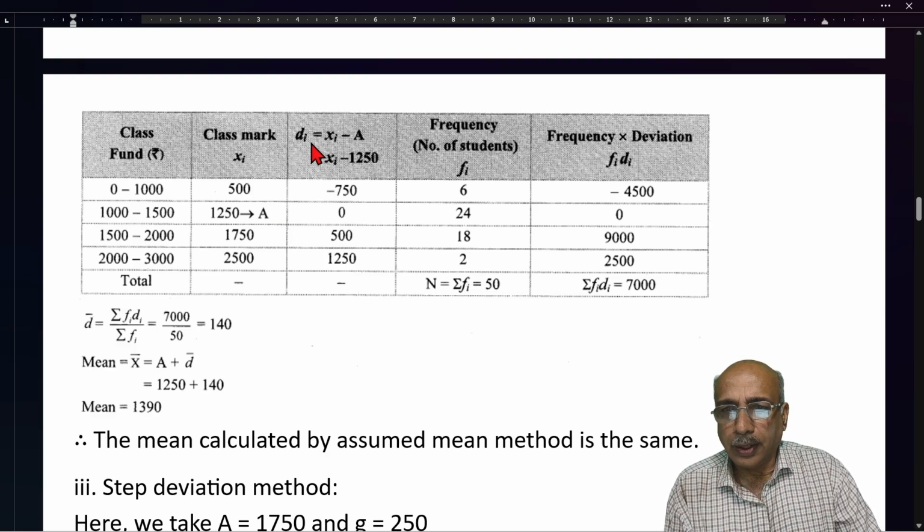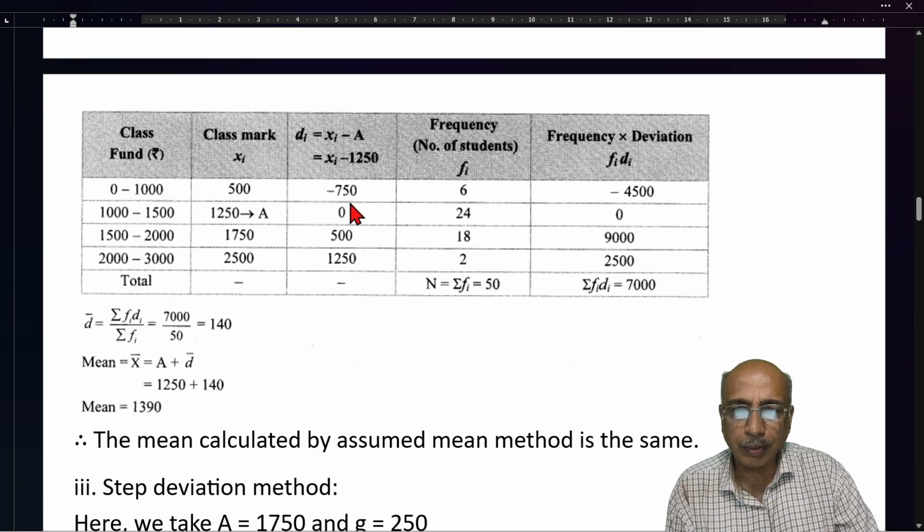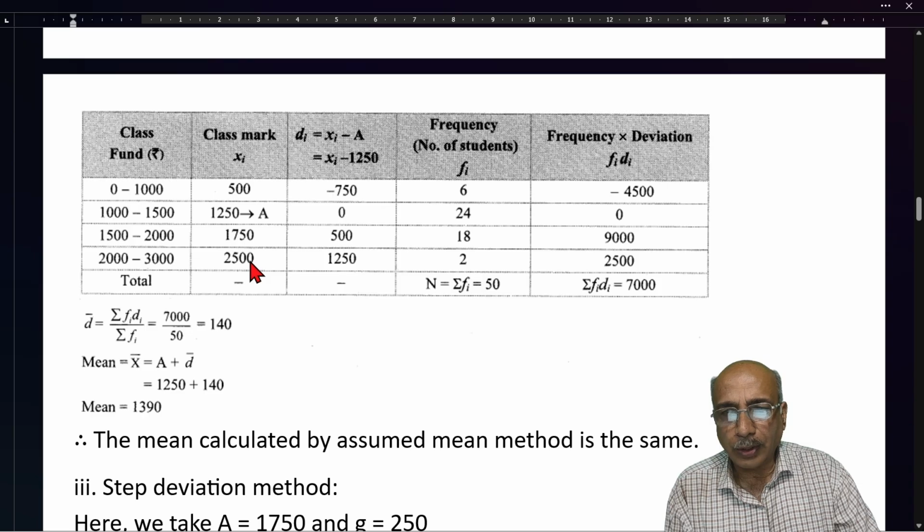So di equals xi minus a. Xi here is 500, 500 minus 1250 equals minus 750. 1750 minus 1250 is 500. 2500 minus 1250, the answer is 1250.